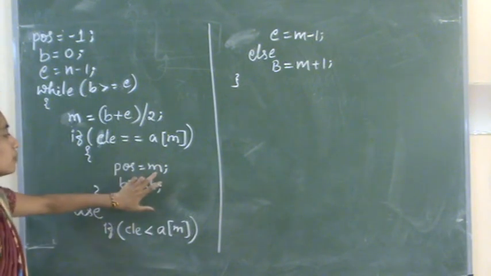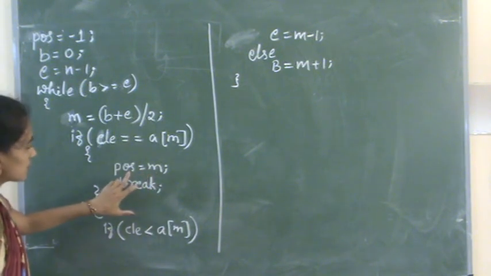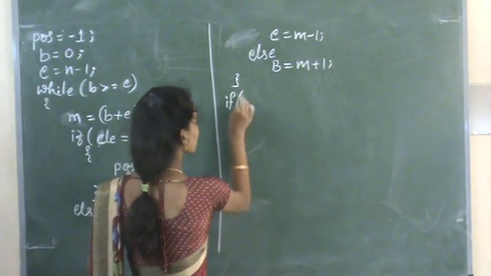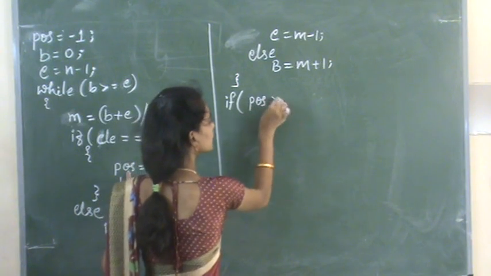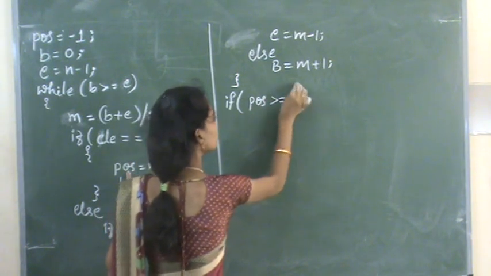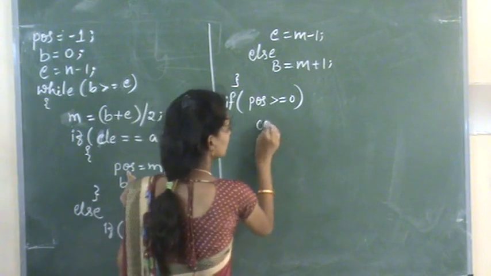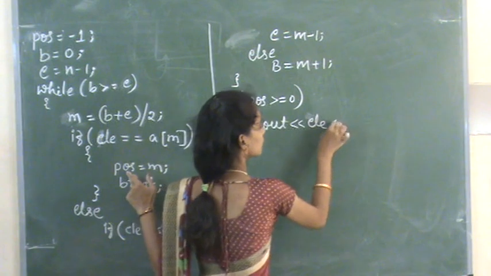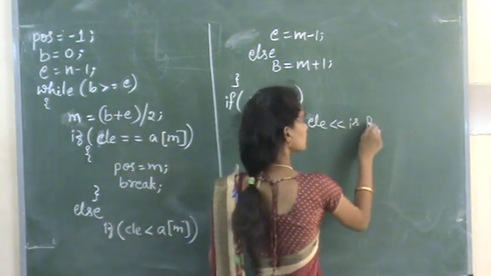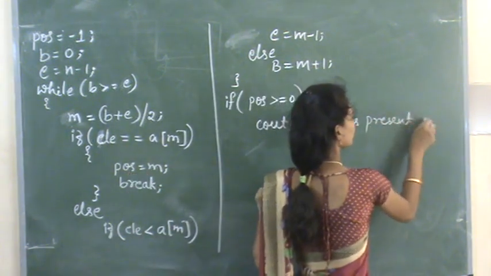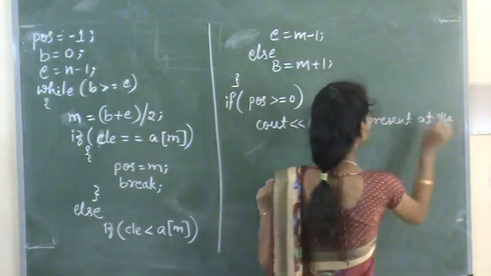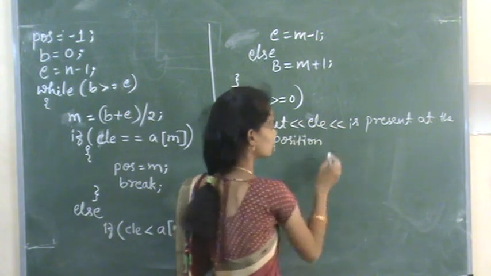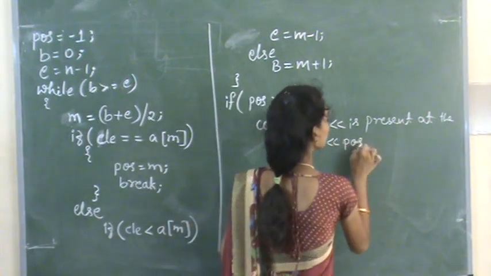So if we get the mid position, that is assigned to POS, then I will check the condition whether position is greater than or equal to 0. If it is true, I will print that the element is present at the position POS.